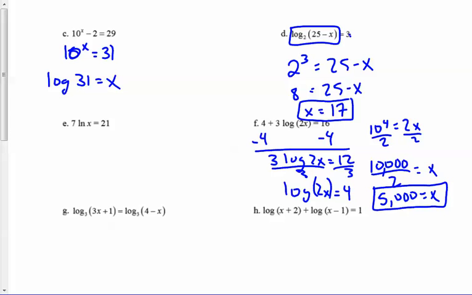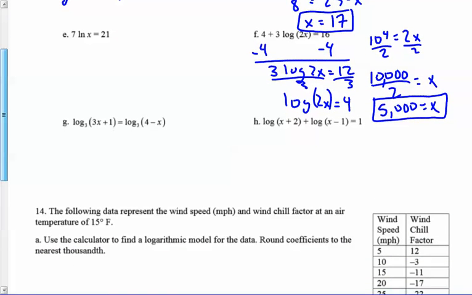Okay. And kind of the most complicated ones we'll have here are things like h. Alright? So it's addition. I have to have those logs together.